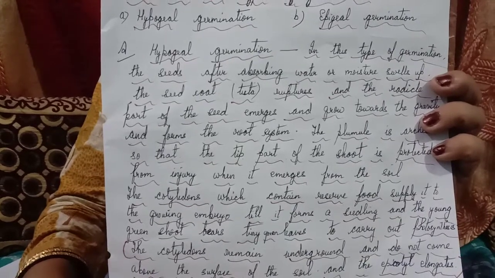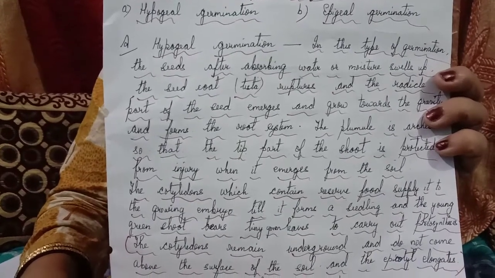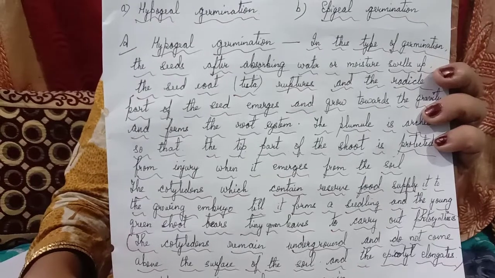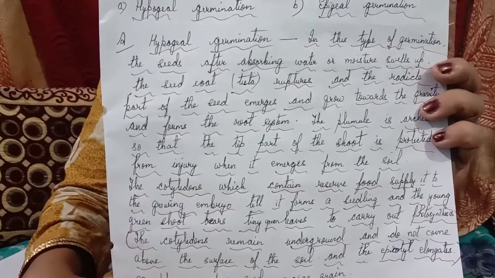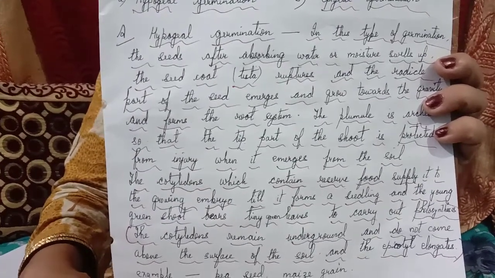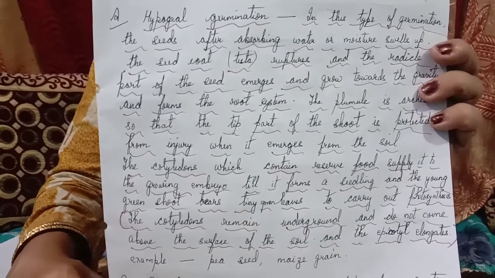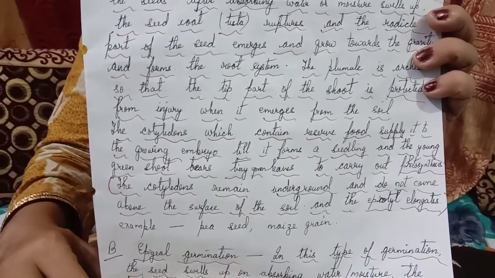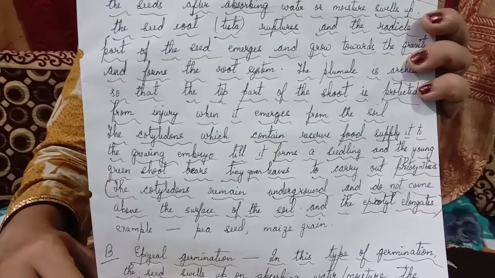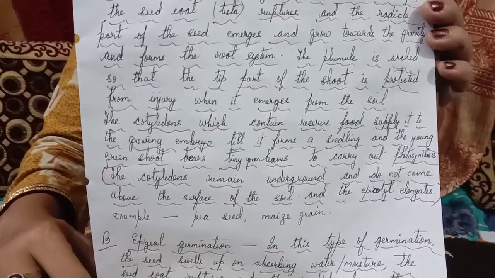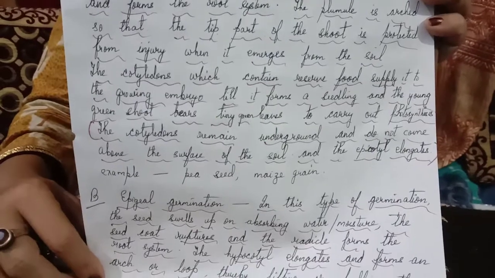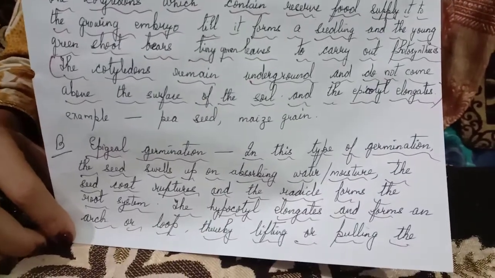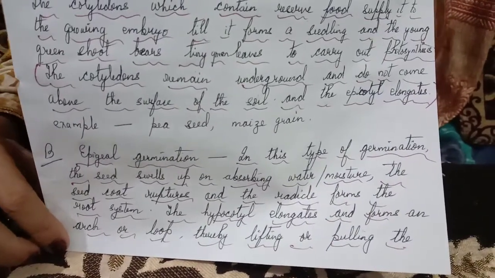Why is it called hypogeal? Hypo means below. If you just remember the term hypo means below and epi means above, you can easily make out what we mean by hypogeal germination and epigeal germination. And then you have the viviparous germination.